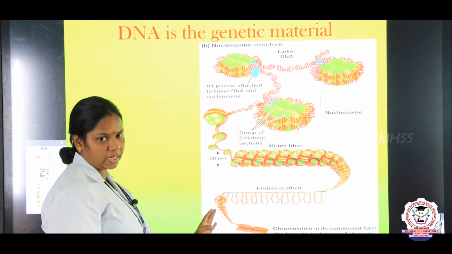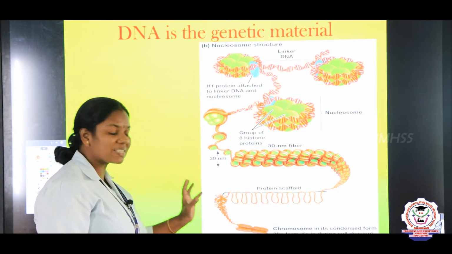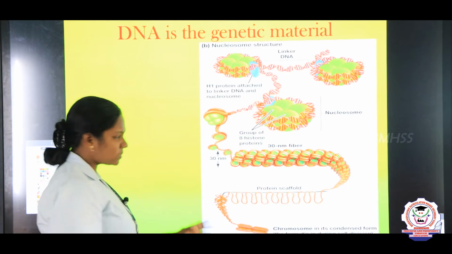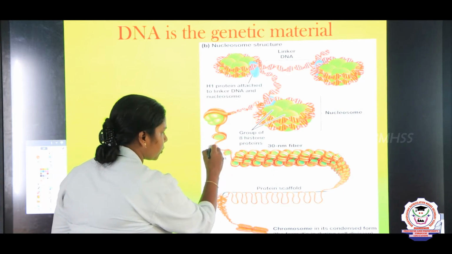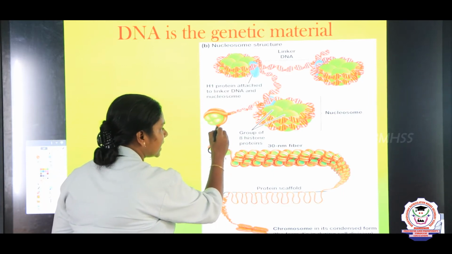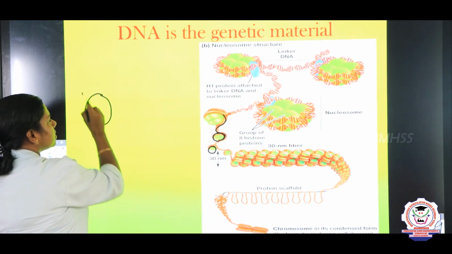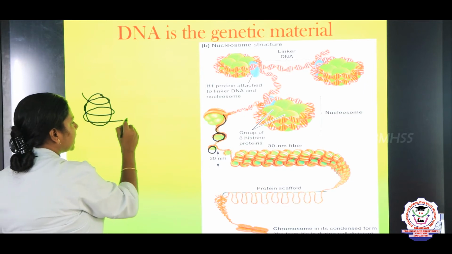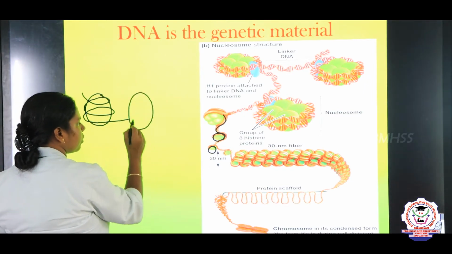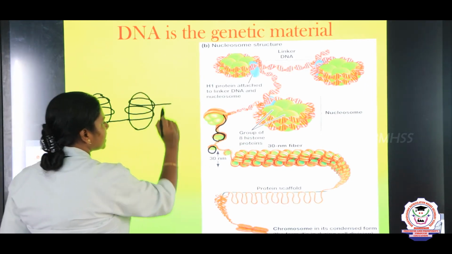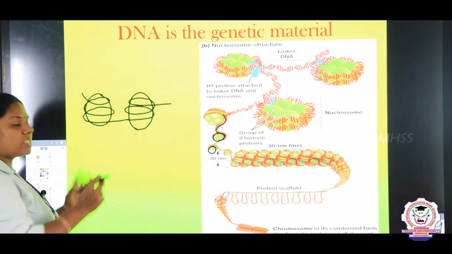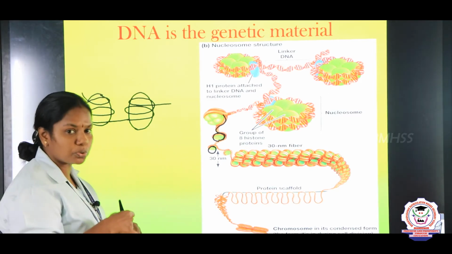Our genetic material, the chromosomes, the DNA is packed inside the chromosomes, and it consists of histone protein as well as the DNA. It is like this: a histone molecule surrounded by the DNA strand, again a histone molecule surrounded by a DNA strand. Like this only, the genetic material DNA is packed into our chromosomes.